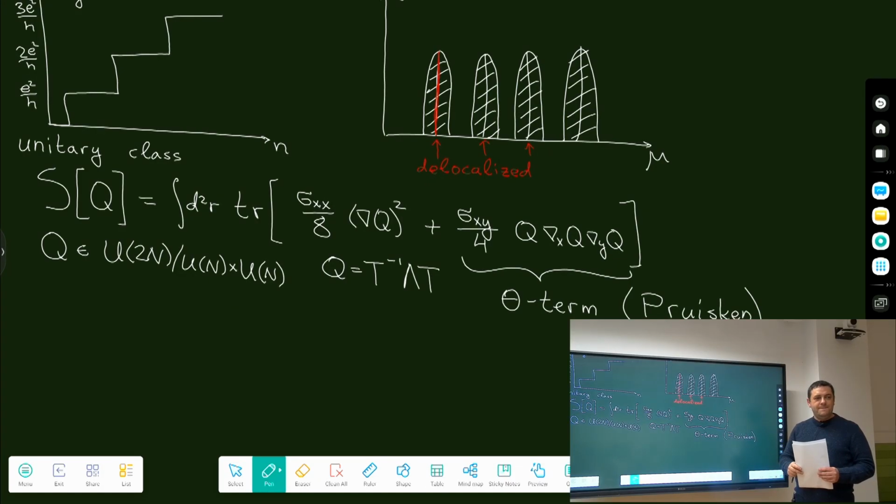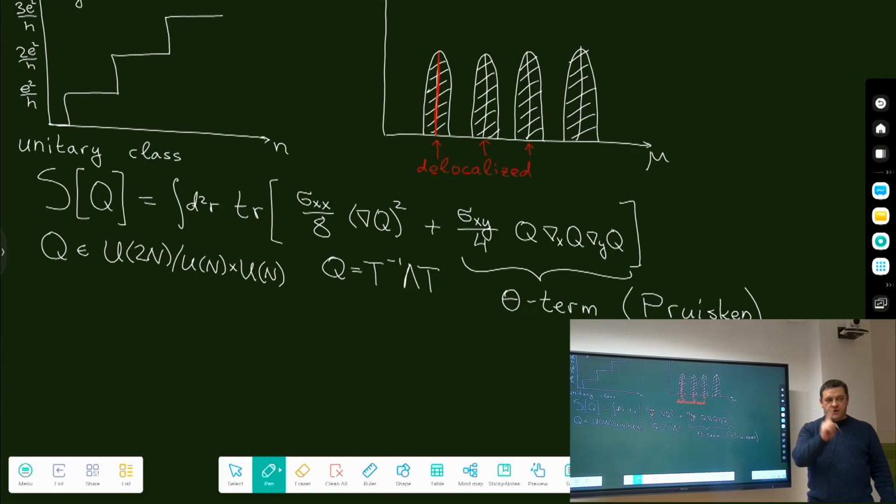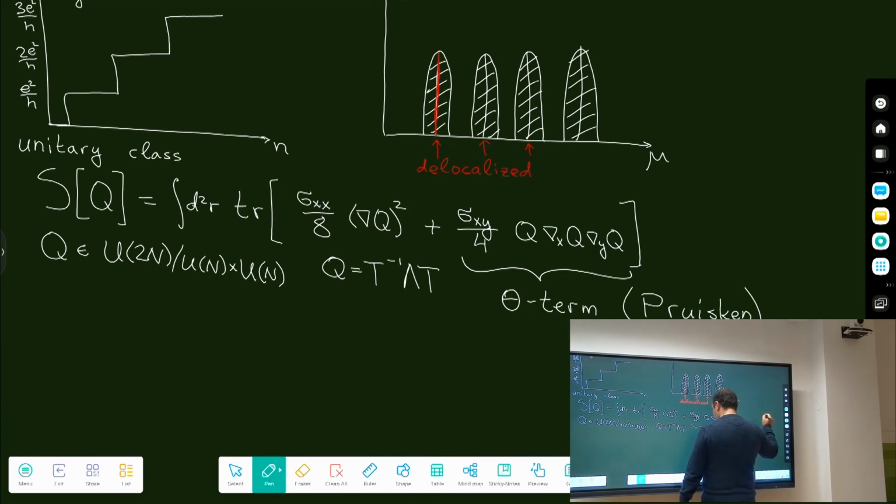Can I add some random function of Q? Random function of Q with some gradients or any other stuff? Yes, you can, but since this is a symmetric space, you should keep in mind that Q squared equals 1.